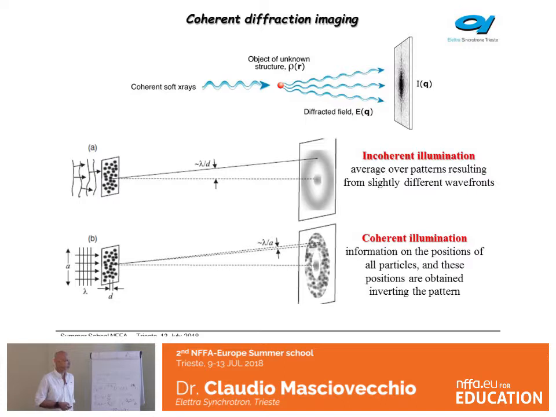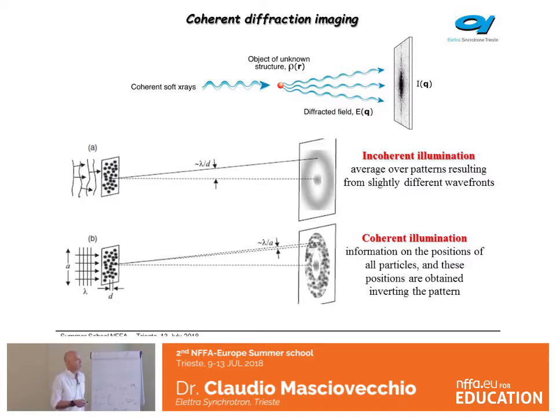But if you have a nice transversal coherent beam, also longitudinal in some cases, then you will have some structure, and the diffraction pattern here is related to your sample. Basically, the resolution that you can get here is given by lambda. That's why you need to work at short lambda.